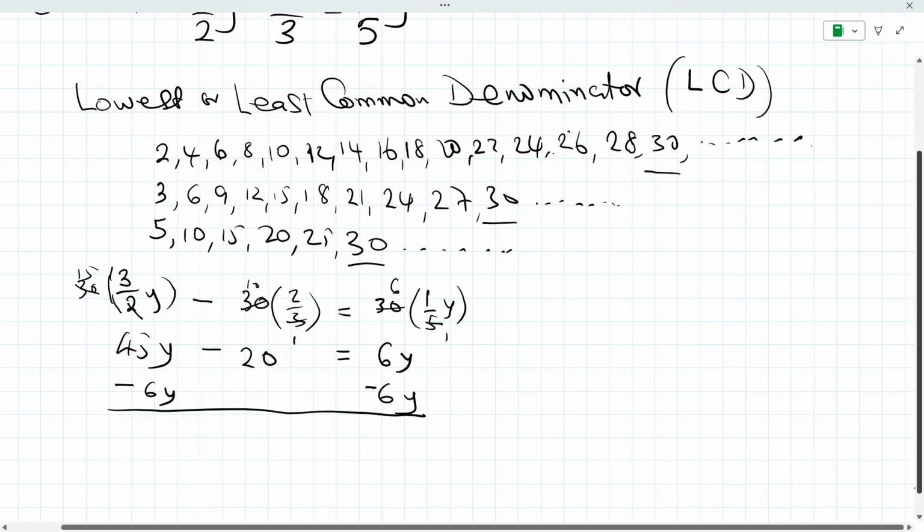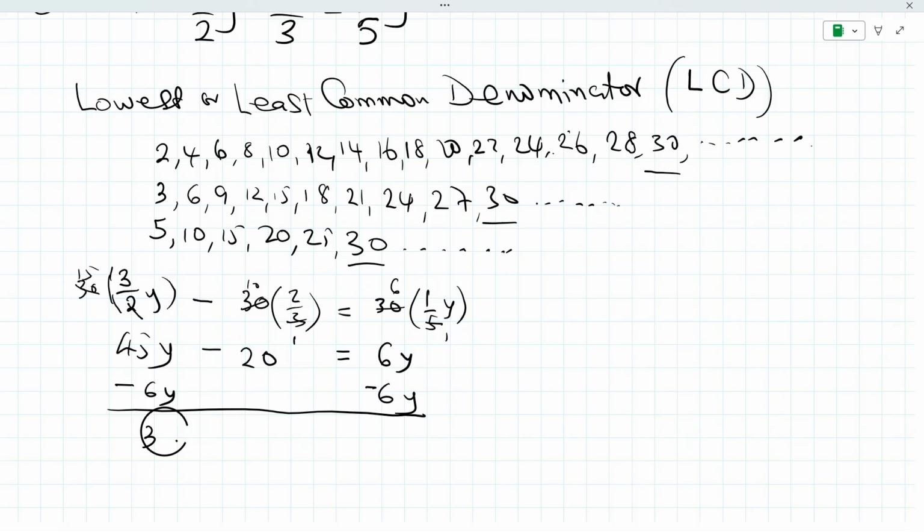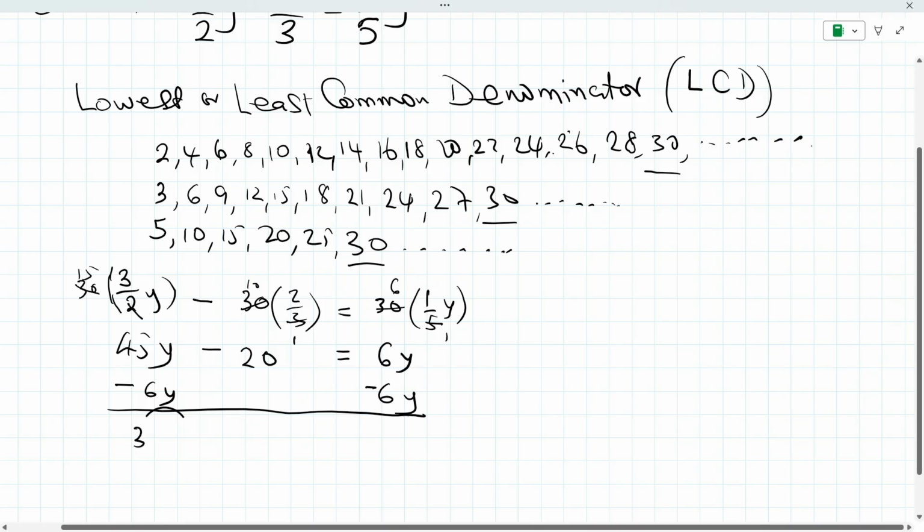Then we will have 45y minus 6y will give us 39y. 39y minus 20 is going to give us 0. Then we have to add 20 on both sides. So 39y will equal to 20.